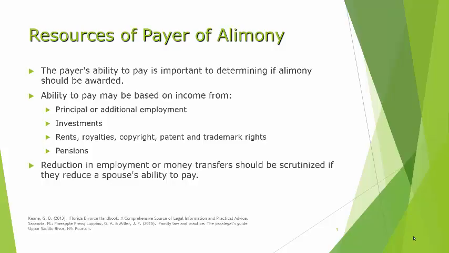This is why financial discovery in marriage dissolution cases is used quite a lot, and that there are some standard financial informational items that must be provided in every dissolution of marriage. And this is how, with that financial information, we uncover information about the resources of the payer of alimony.